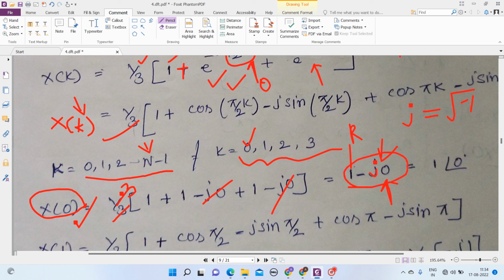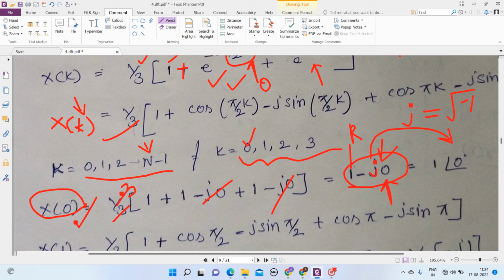So we have to convert this rectangular to polar. I will make one video separately on how to convert complex to polar format. Here I will tell it orally.